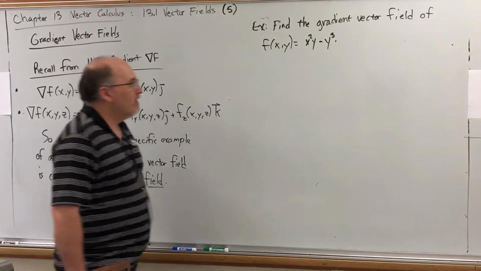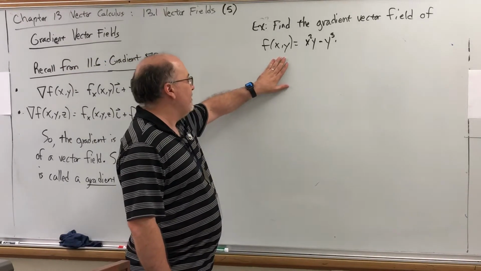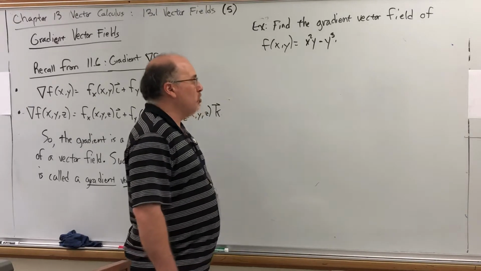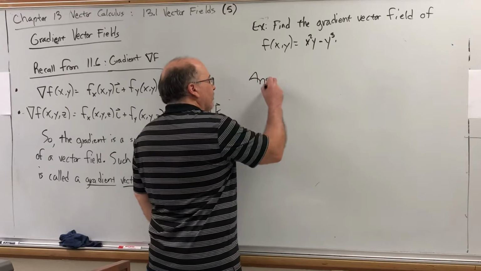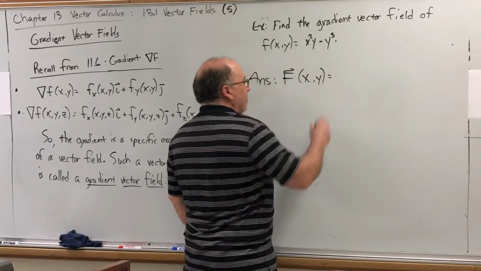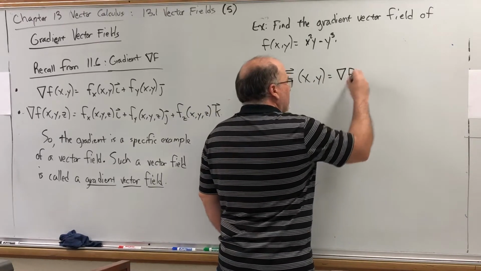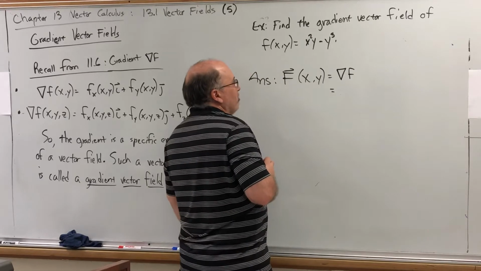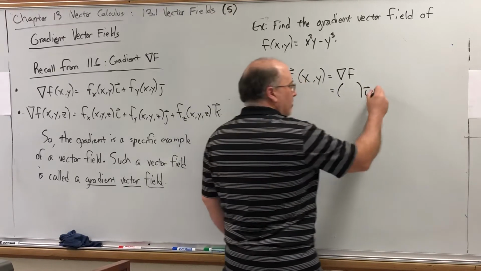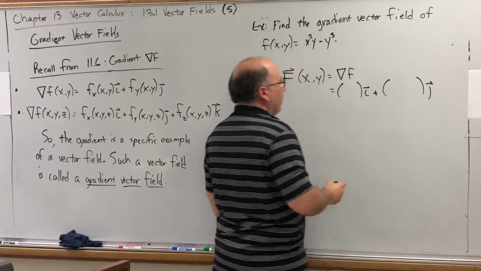So for example, let's find the gradient vector field of the multivariable function f of x, y equals x squared y minus y cubed. So our vector function F of x, y will be the gradient of little f, which is the partial derivative with respect to x, that will be the i component function, plus the partial derivative with respect to y, that's the j component function.